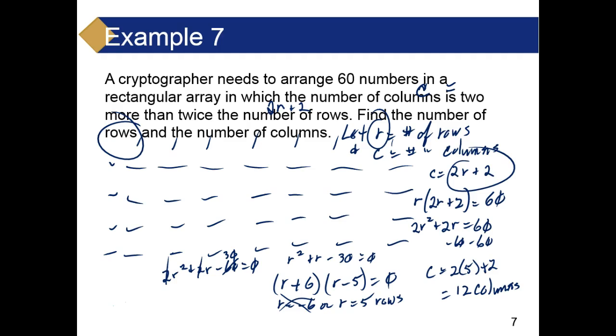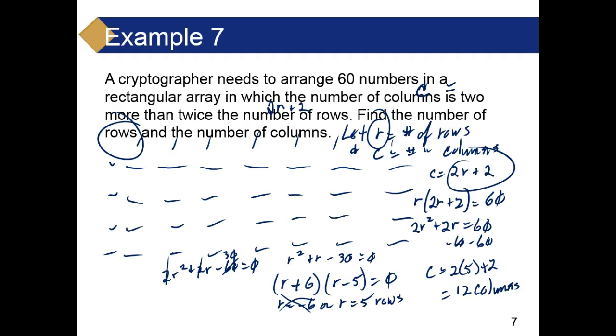Multiply rows by columns, and what do you get? 60. Fantastic. It works out nicely. Make sense? Any questions about it? Pretty straightforward. Don't get bogged down too much.